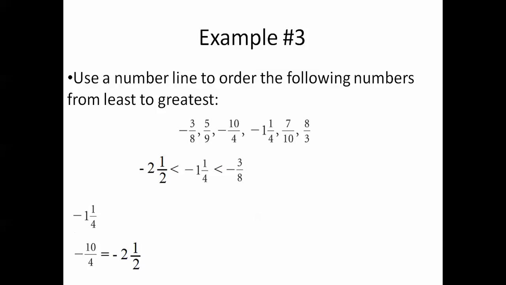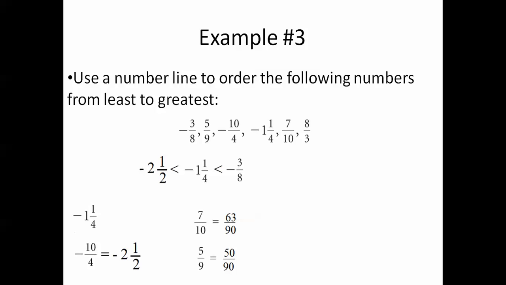Then we can compare the negative values. We know because negative 2.5 is farther from 0, it is a lesser value. And then followed closely by negative 1.25, and then followed by negative 3 over 8.